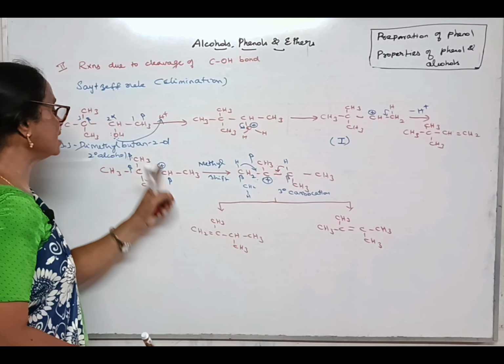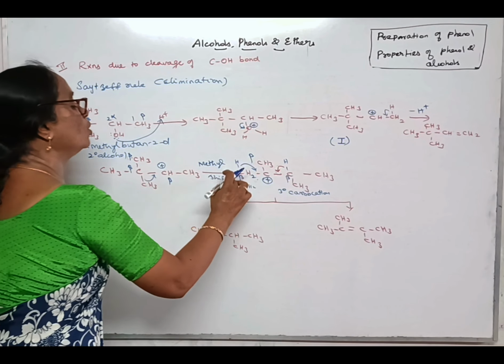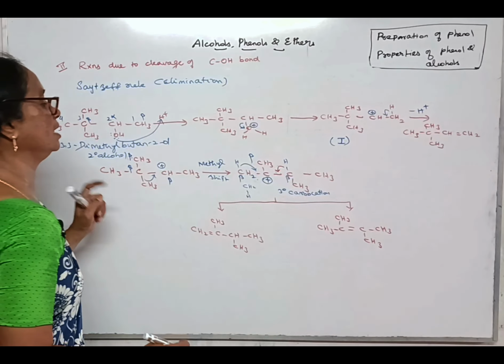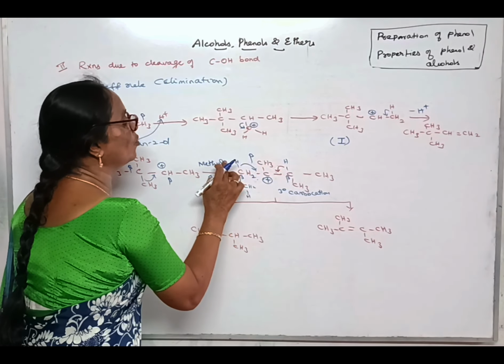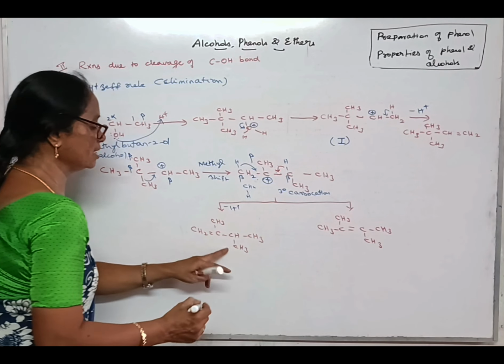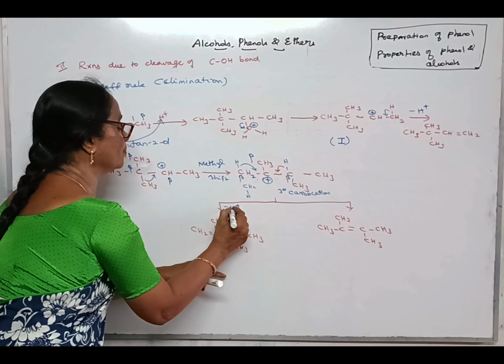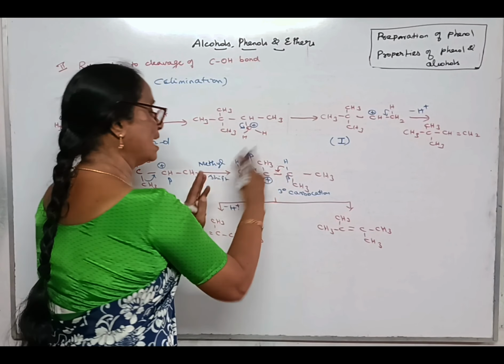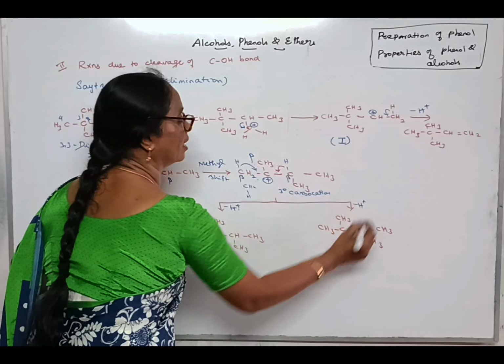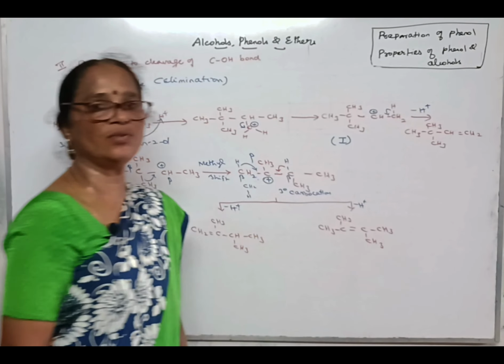So there are 3 beta carbons, out of which 2 are similar methyl groups, the other one is CH. From the methyl group, when hydrogen is eliminated, we will get this alkene. Or the adjacent beta carbon from which the hydrogen is eliminated gives this alkene.